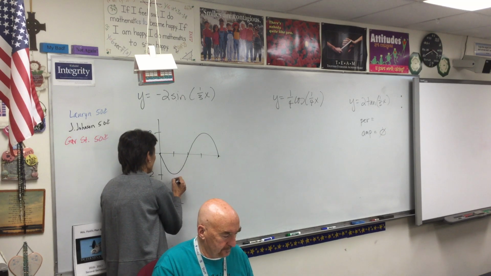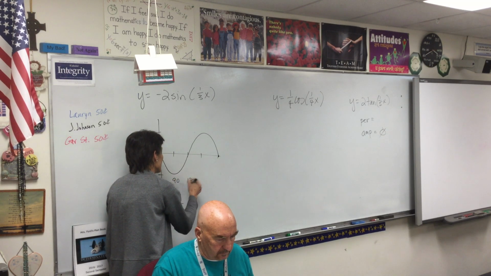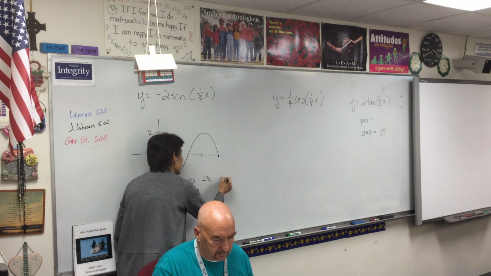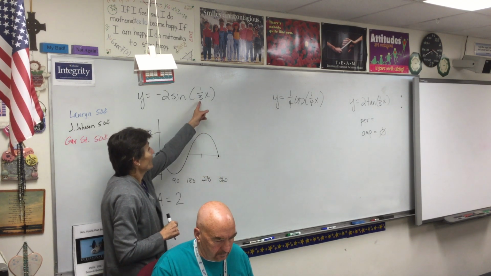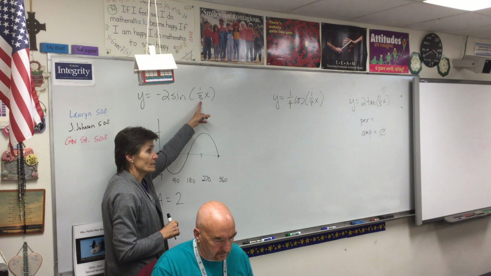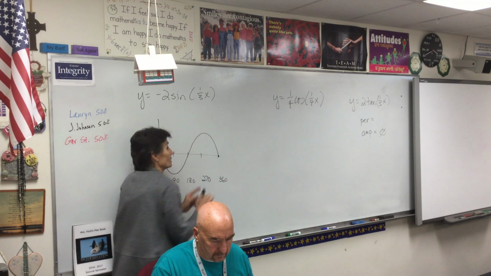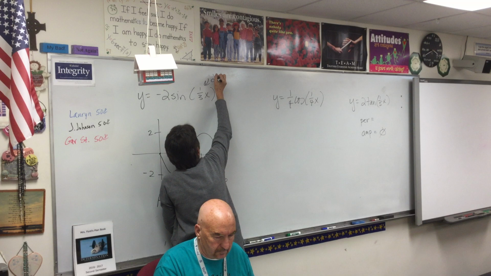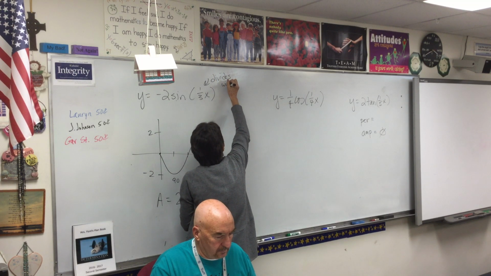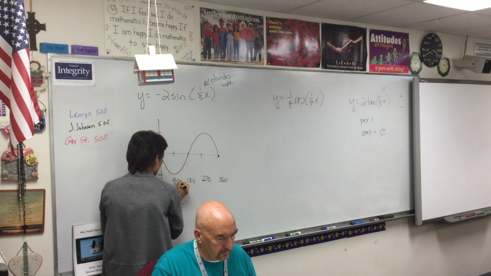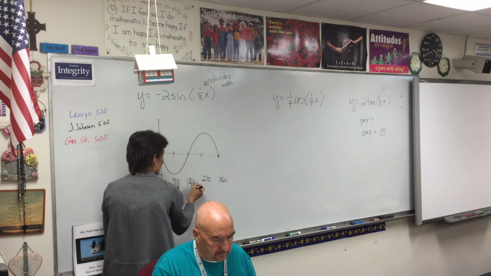Now I know these labels are supposed to be 90, 180, 270, 360. I know that's what they are supposed to be. But what does this do? That divides the width, right? So I'm going to have to divide these numbers by 1/3.